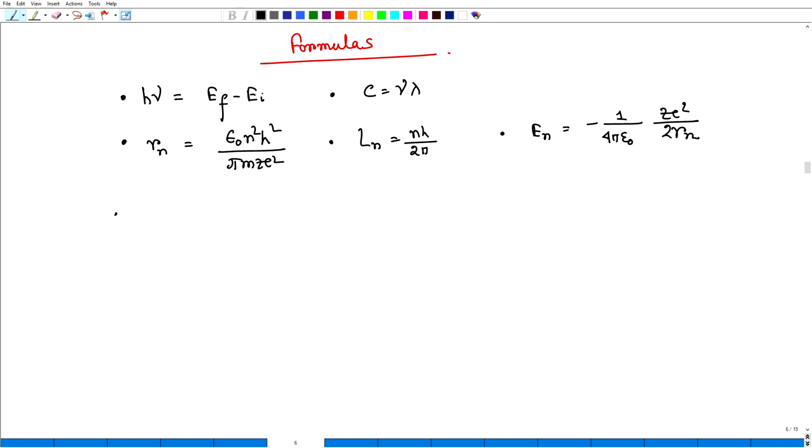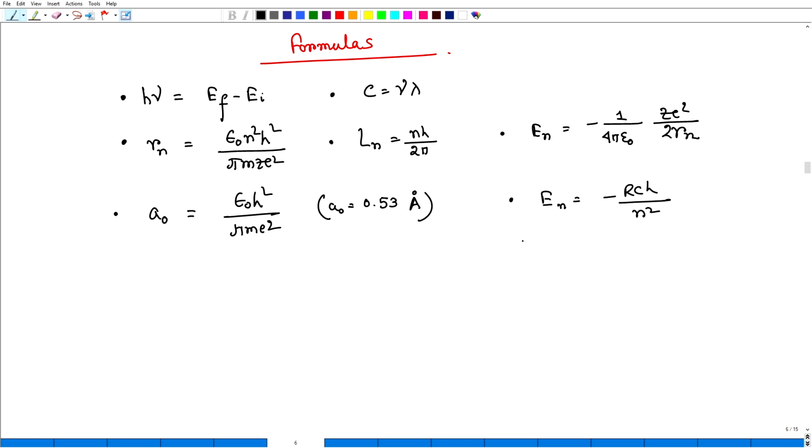Okay. Then we have to remember the first Bohr radius, that was epsilon naught h square divided by pi m e square. For hydrogen atom it is 0.53 Angstrom, and also we can write that En is equal to minus R c h by n square, where R is the Rydberg constant, and R is actually m e to the power 4 by 8 epsilon naught square c h cube.